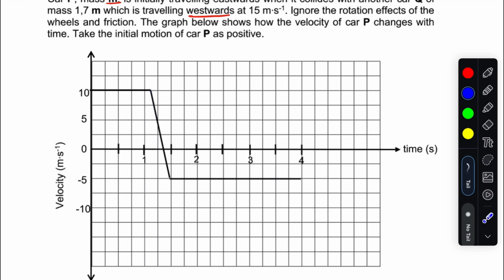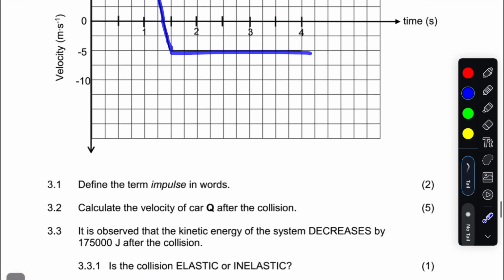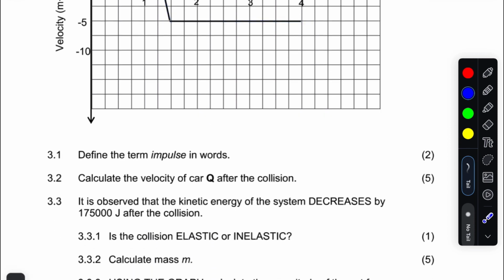And the velocity decreases when it collides with car Q. It decreased to -5, which is in the opposite direction, and it moves for that time at a constant velocity. So here there is a change in velocity. The velocity decreases to 0 and then increases in the negative direction to 5. That's very important. This graph only shows the motion of one object, which is car P.